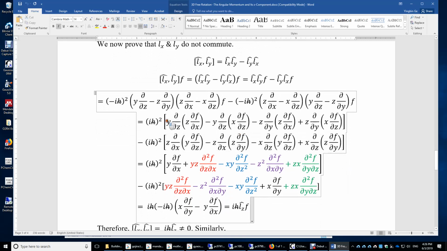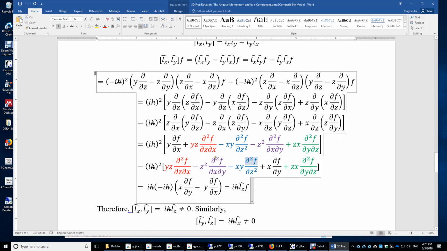And then you try to simplify these 4 terms. You get 1, 2, 3, 4, 5. Actually, you get 5 terms. And these 4 terms become, again, 5 terms. And then fortunately, the red term and this red term cancel. Look at the negative sign here. So these two cancel. The 2 purple terms cancel. The 2 blue terms cancel.